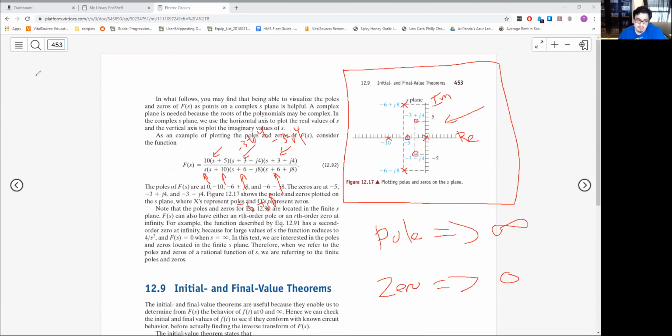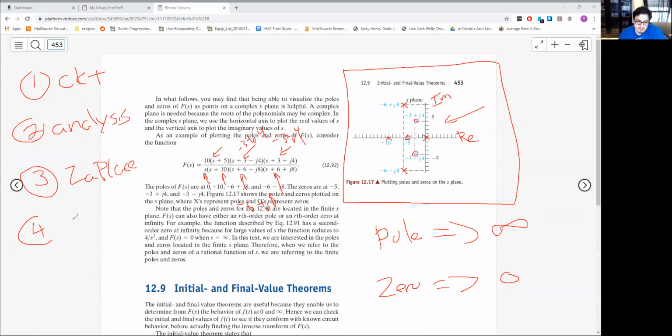For example, let's say step one, you've got a circuit. Step two, you would do analysis, figure out and then do your Laplace transform of what you want. So you can have a single function, be it voltage, current, or impedance. Figure out roots.